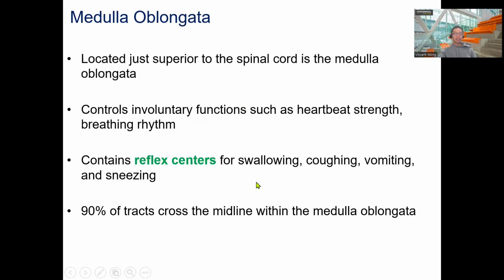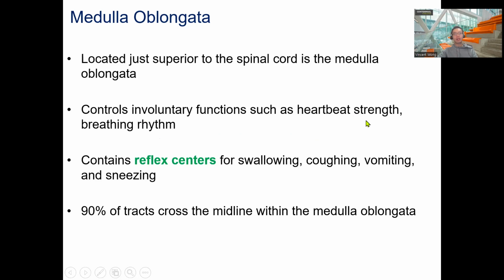Medulla oblongata, we know that is the lowest part of the brain. As soon as it exits the skull, you have a big hole at the bottom of the skull for the medulla oblongata to come out, and then it transitions into the spinal cord, right? We know that it controls breathing rhythm because there is a respiratory center there, but it also plays a role in controlling heartbeat strength as well, right?